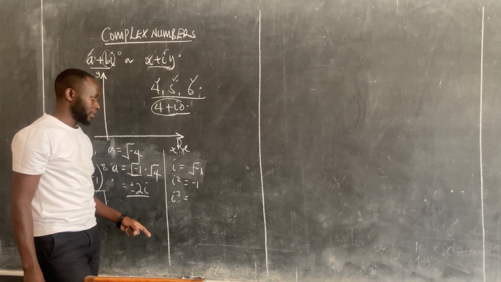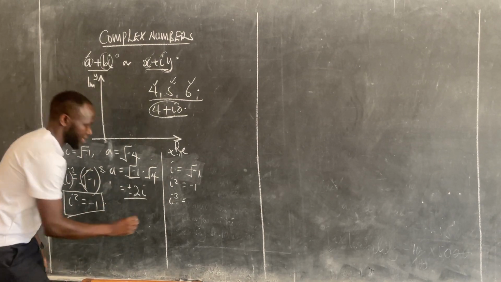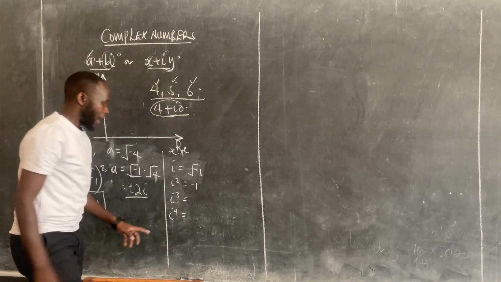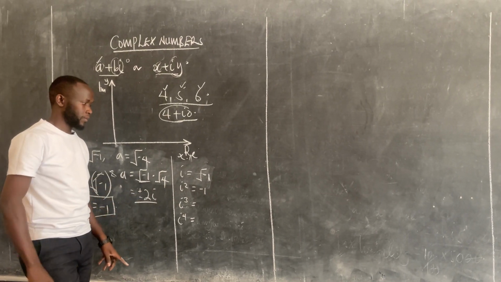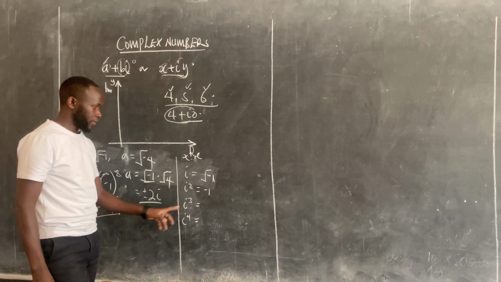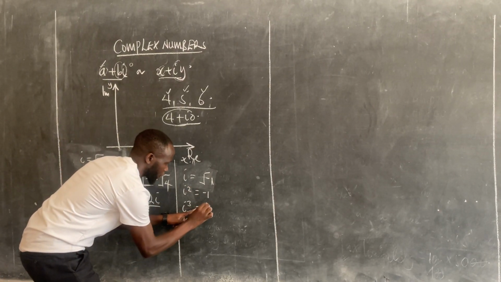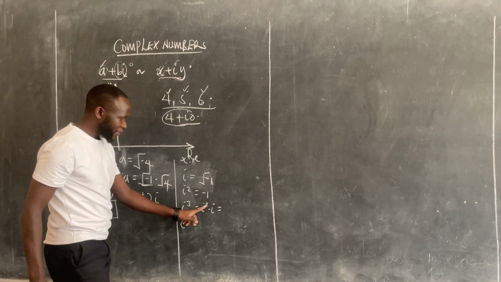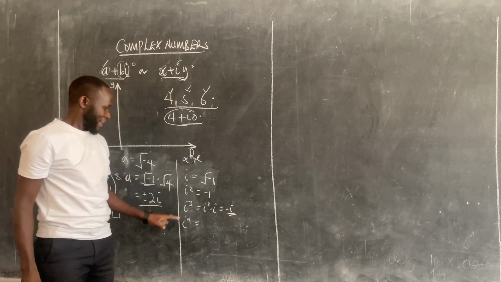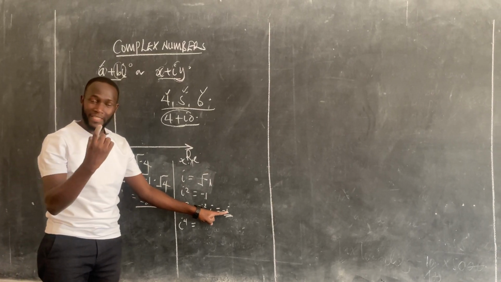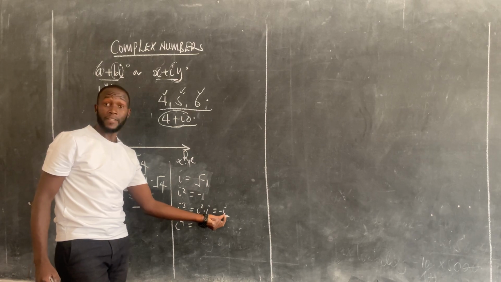Since i squared is negative 1, multiplying by i gives negative i. So i cubed equals negative i. How does it become? i squared being negative 1, we get negative 1 times i, which is negative i.